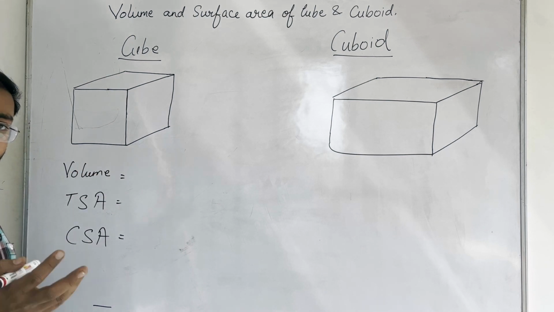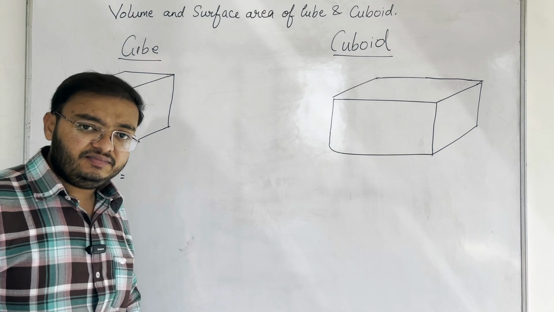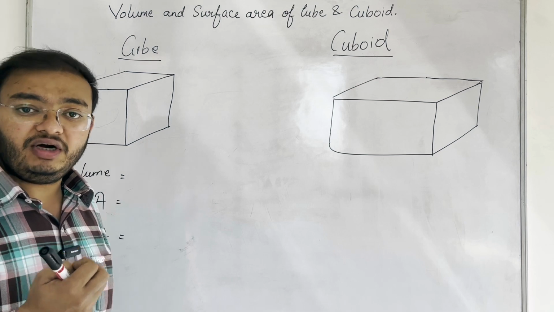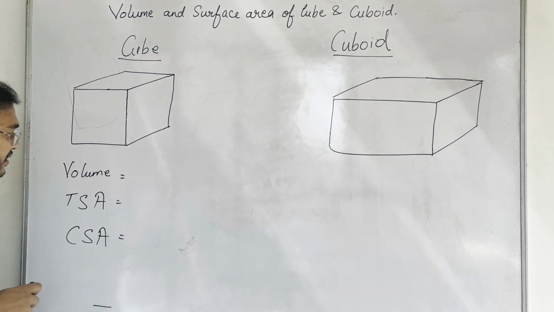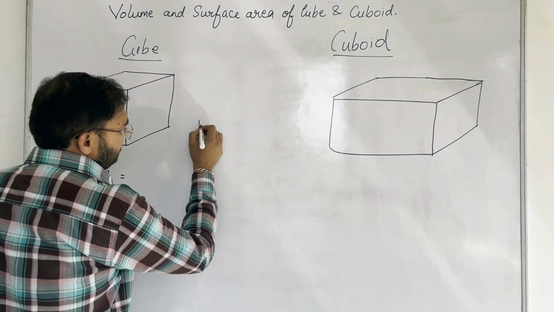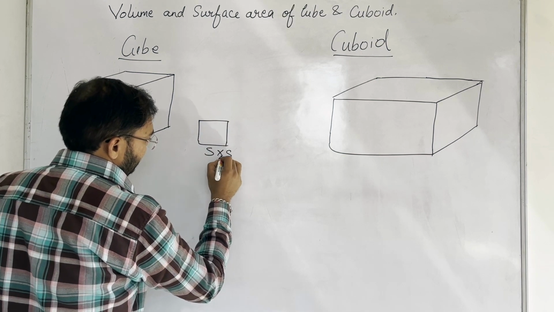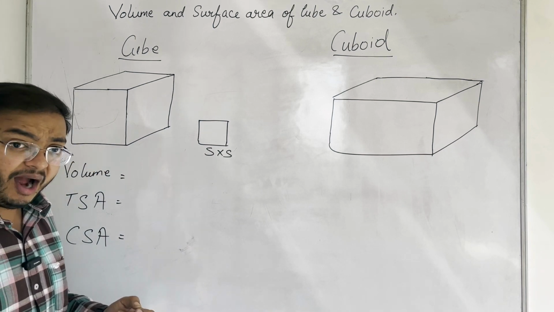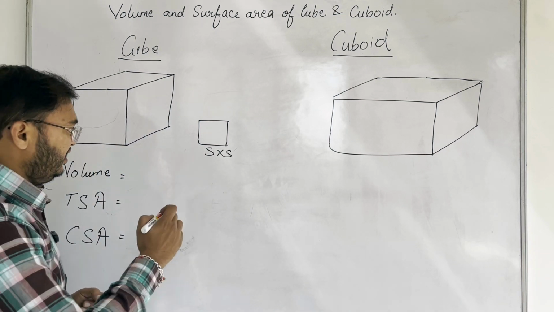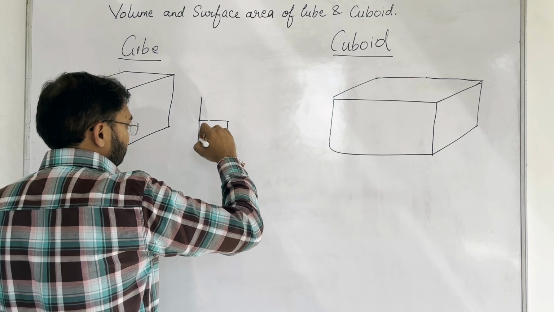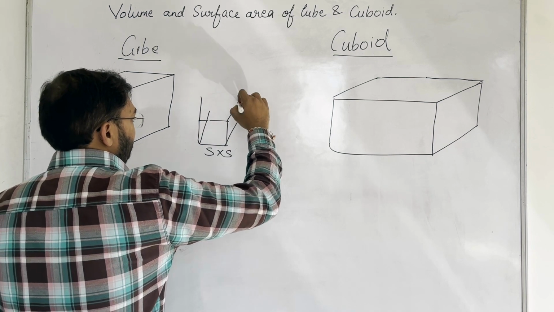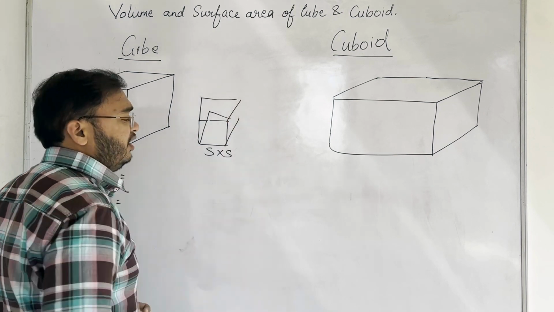As I told you, the cube is generated from a square, and the area of a square is side into side. If this is my square, whose area is side into side, and I give height to this square, then what are we going to get?